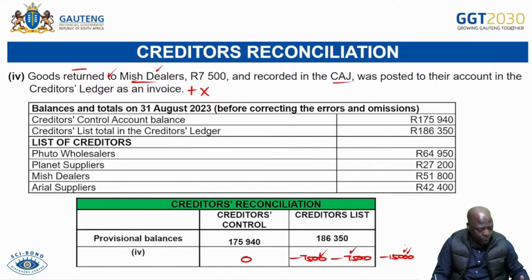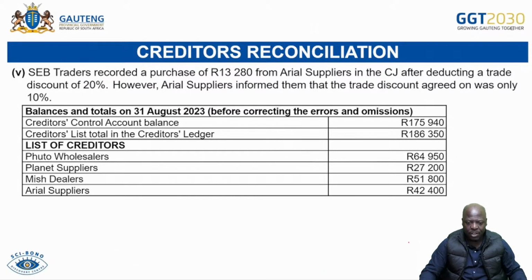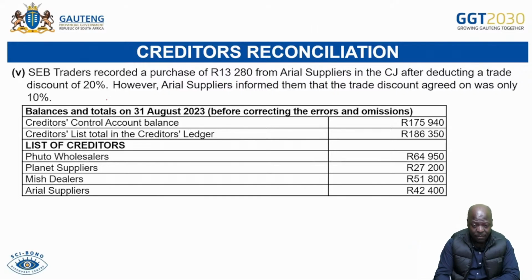Okay, let's go on to the next one, which would be number 5. It reads, SEP traders recorded a purchase of 13,280 from aerial suppliers in the CJ after deducting a trade discount of 20%.